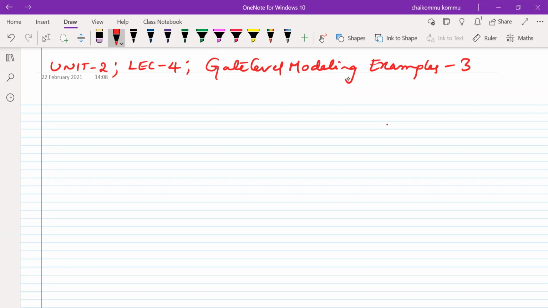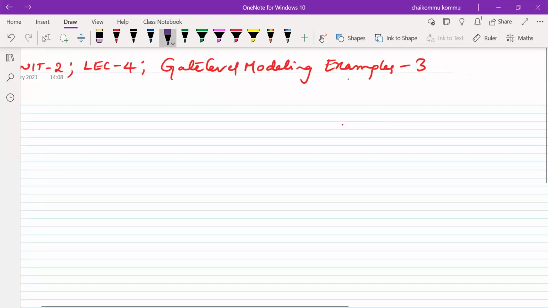For simplicity, I'm going to take a 4-bit comparator, not an 8-bit comparator, so that you can extend it to the 8-bit comparator. I will describe the 4-bit comparator as well as its test bench. We'll see what kind of modifications are possible.